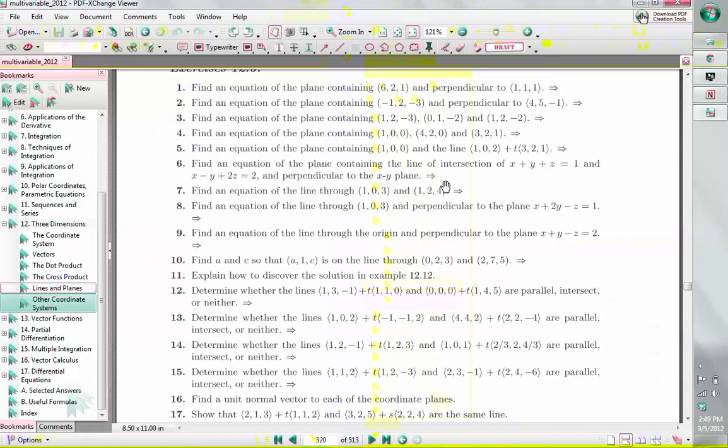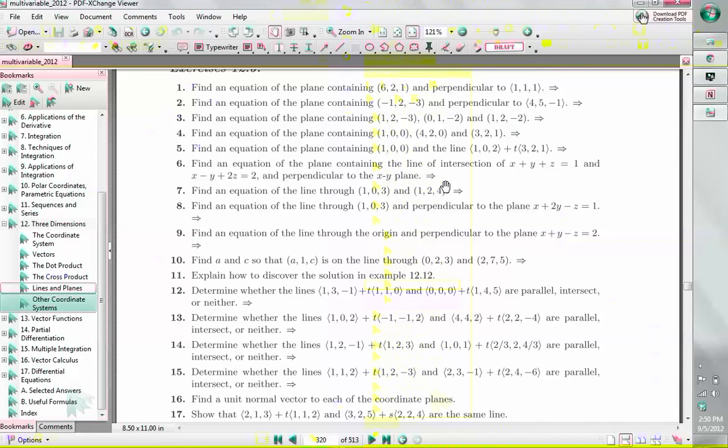A little bit subtler. The plane contains the line of intersection of these two planes. What can you say about the direction of the line of intersection of those two planes? It's also parallel. Right?